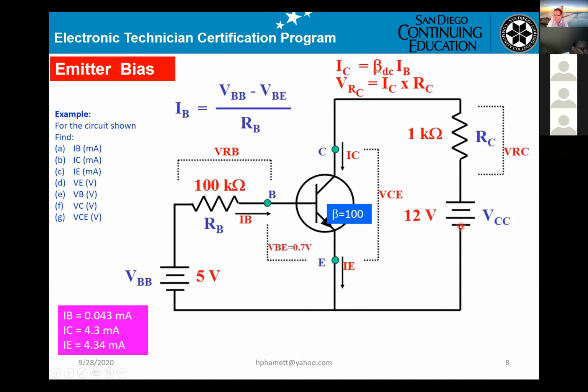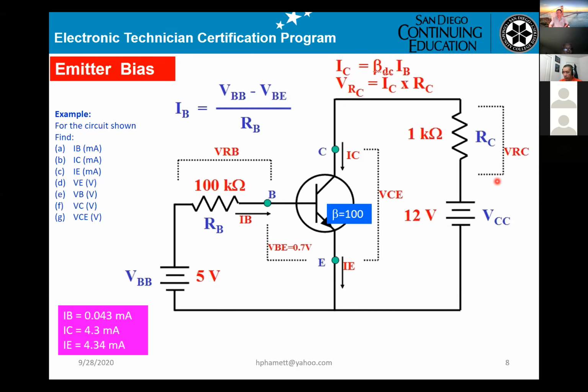VC means the difference between VCC and the voltage drop here. The formula will be VCC minus IC times RC. So the answer will be 7.7 volt.